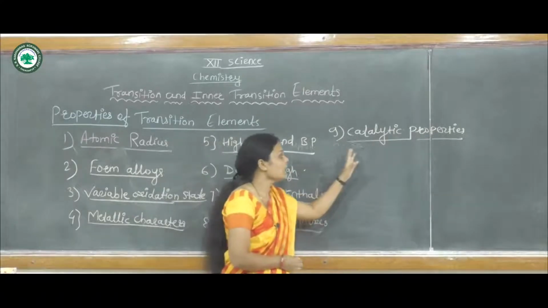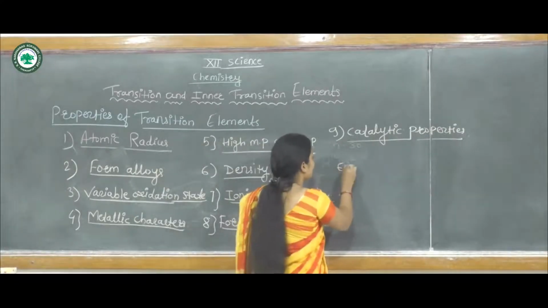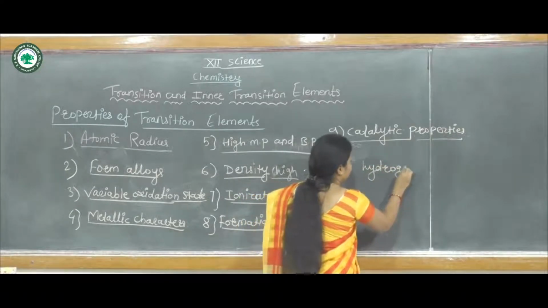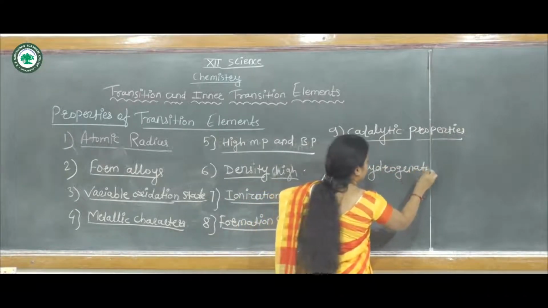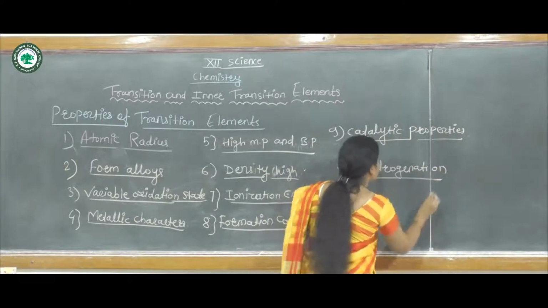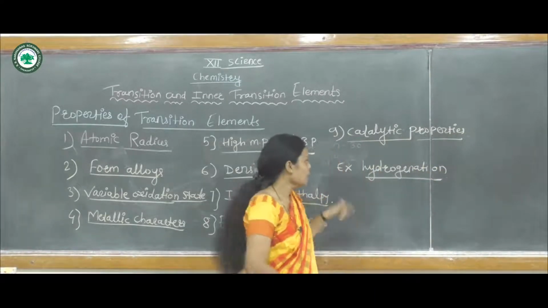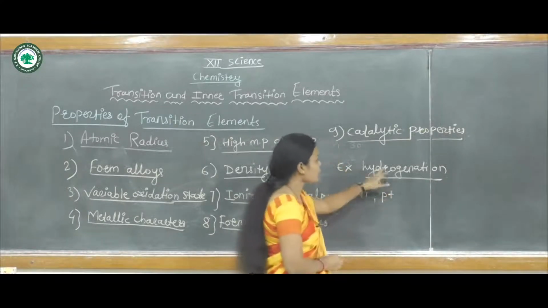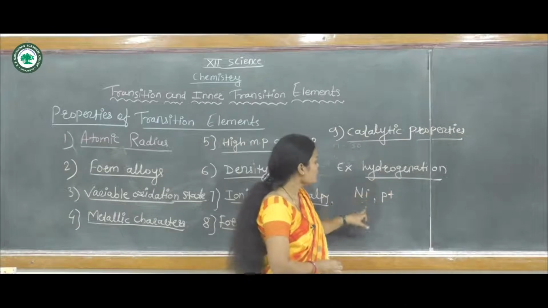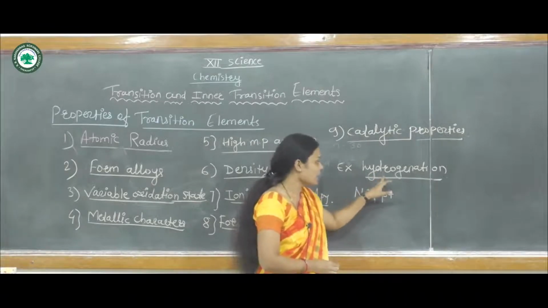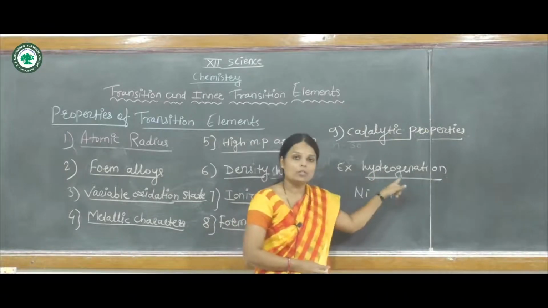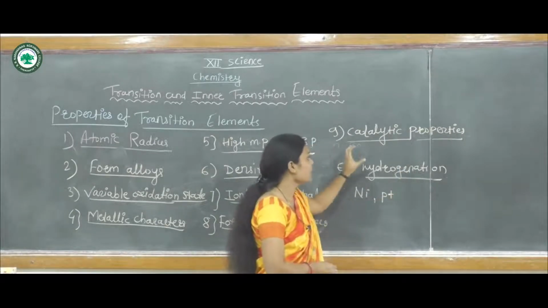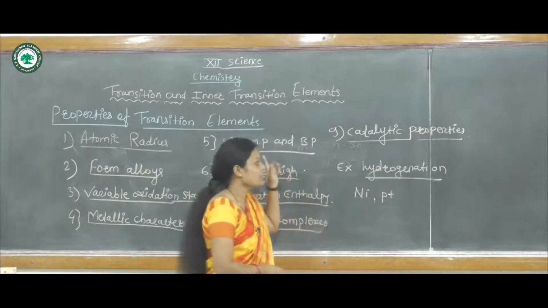For example, when a hydrogenation reaction occurs, nickel and platinum act as the catalyst, and using the nickel and platinum catalyst the hydrogenation reaction is completed, and that's why the transition elements have good catalytic properties.